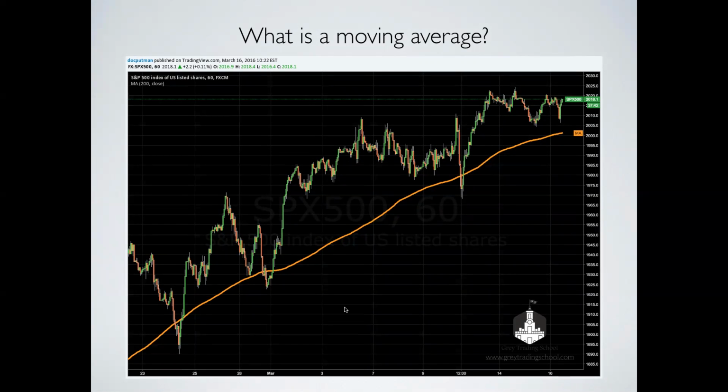So the two moving averages we'll discuss today: the main one is the simple moving average, which is the simple average of a security over a defined number of time periods. And then, briefly, we'll touch on an exponential moving average, which gives a bigger weight or importance to the most recent prices.